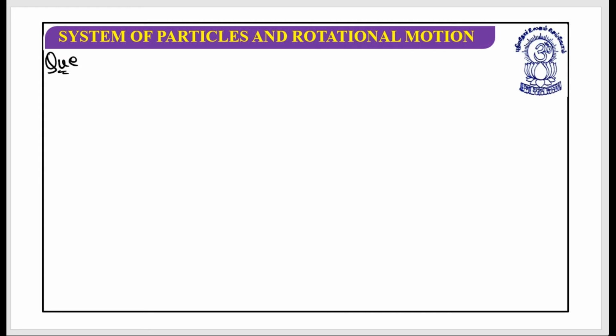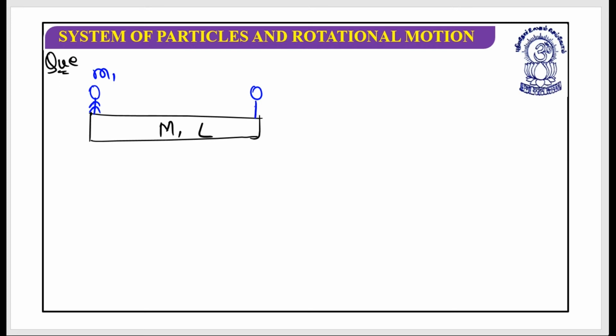Next, the question says, let's suppose this is a boat having mass m, length L. Here you are standing, your mass is m1. Here your friend is standing, with mass m2.